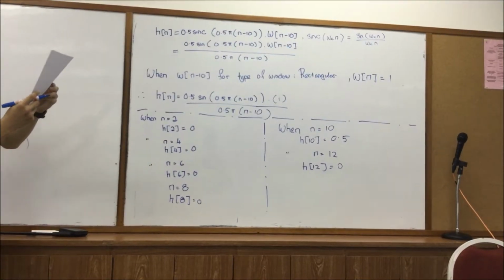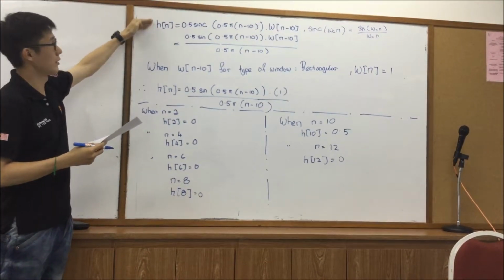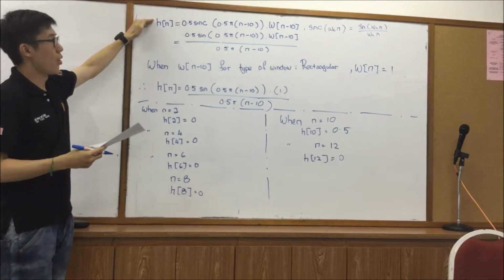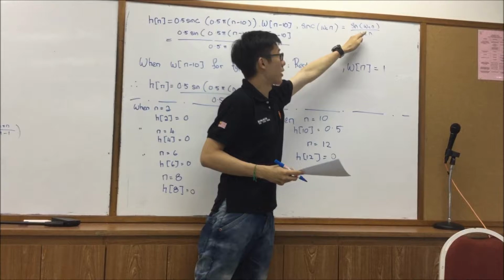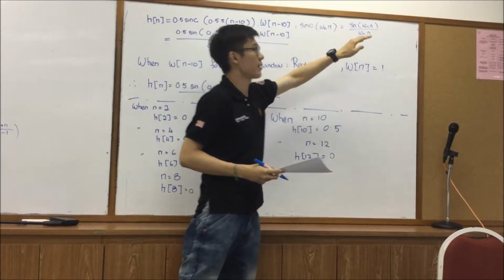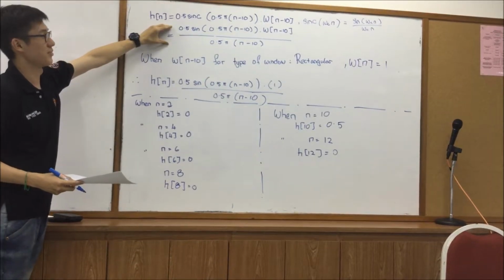Okay, now our impulse response of the causal FIR filter, the equation will be this. sinc(omega n) equal to sin(omega n) divided by omega n. So we have this equation.